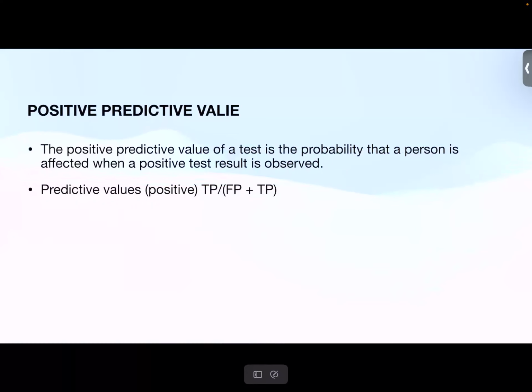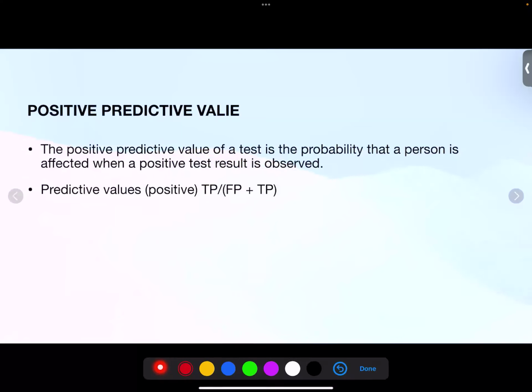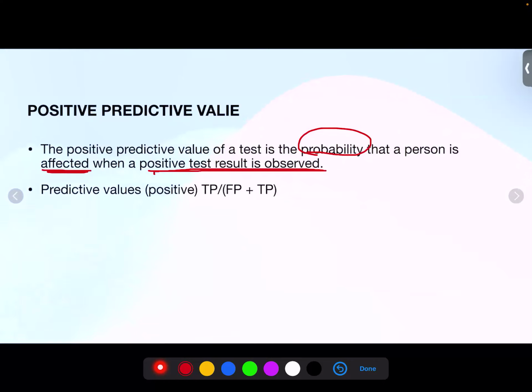Okay, so positive predictive value. It is actually all positives, you can say. The probability is that the person is affected when a positive result is observed. So whenever the screening test is positive, how many chances are there that a person is affected?